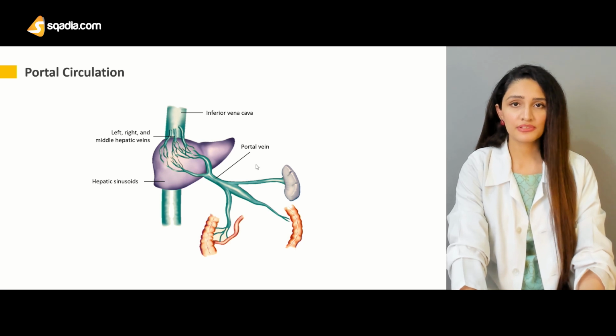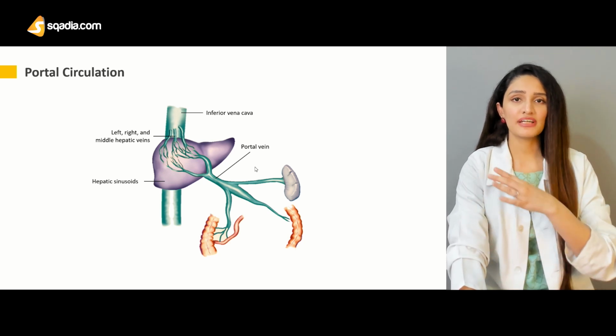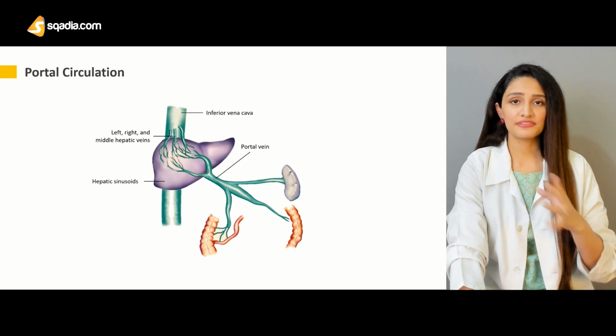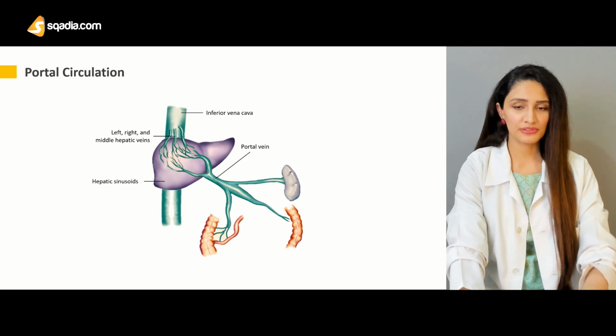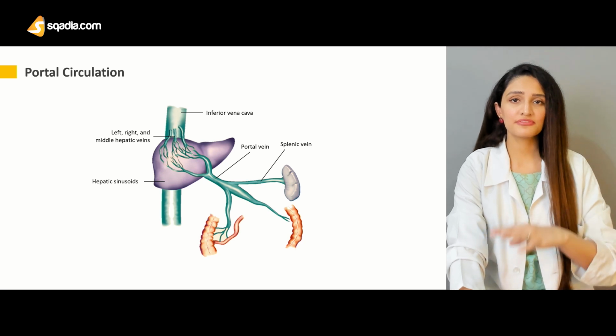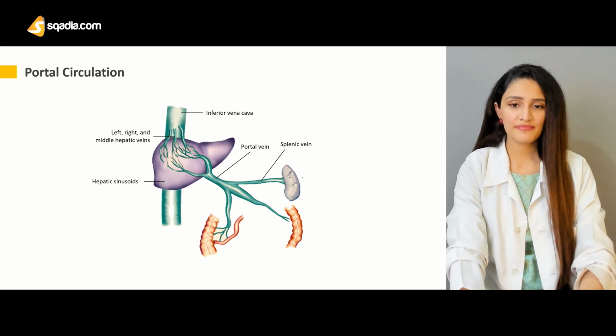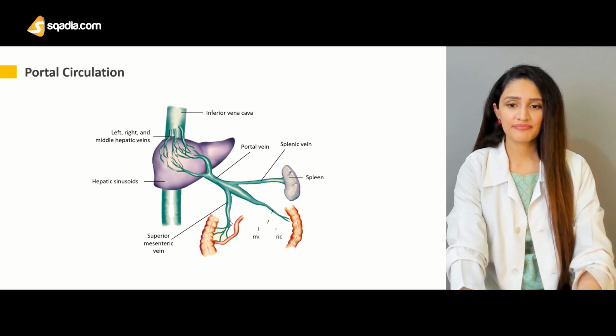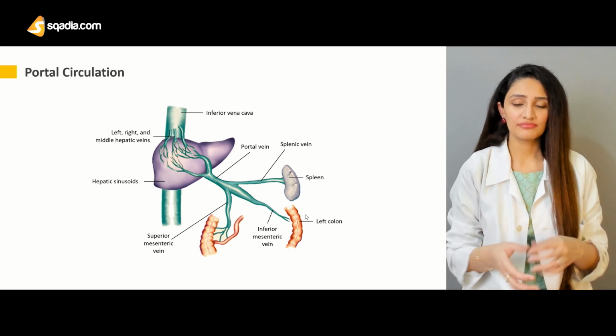We've got our portal vein, through which all the blood from the different organs drains. Then we've got the splenic vein, which drains the blood straight from the spleen. This is the spleen.